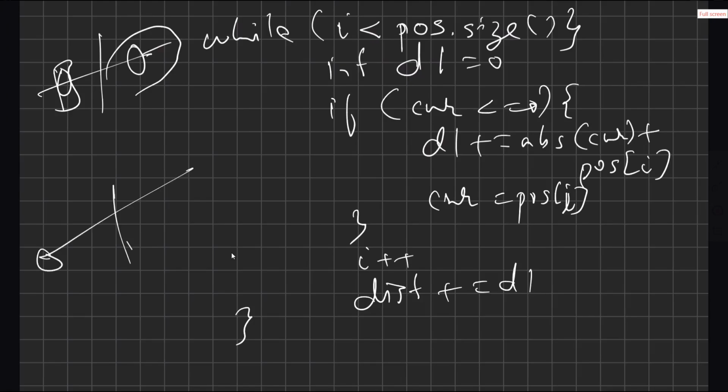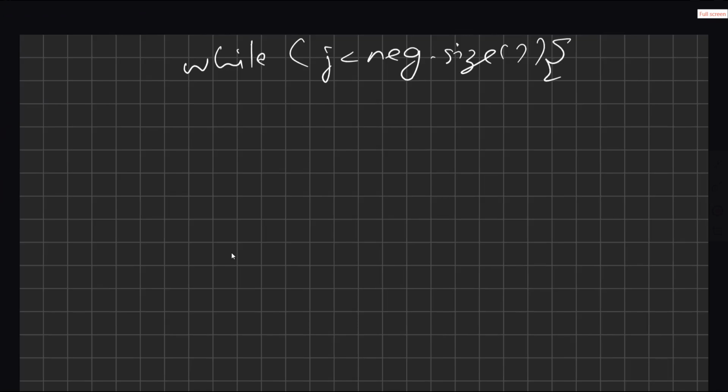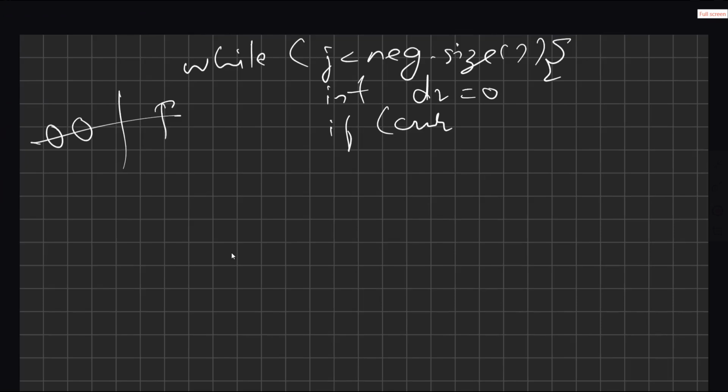Similarly, if there are multiple cookies remaining on the negative side and there are no cookies on the positive side, it will be the same thing. While j is less than negative dot size, your distance 2 is going to be initially 0. Again, you will be checking if your current, your cookies are here, but currently let's say Takashi is at the positive side.